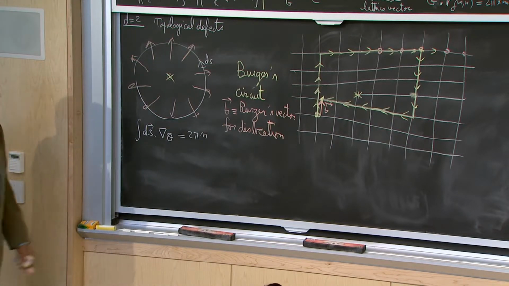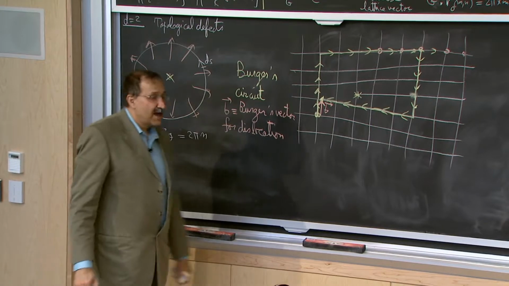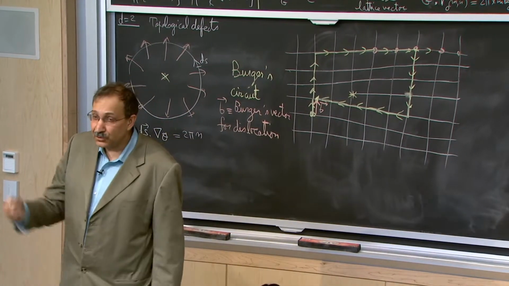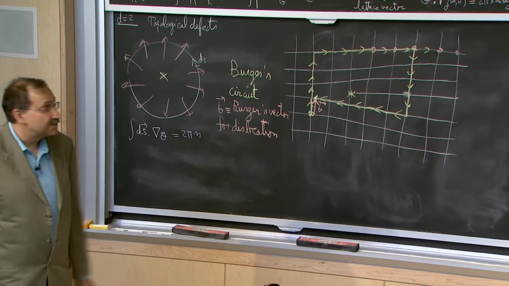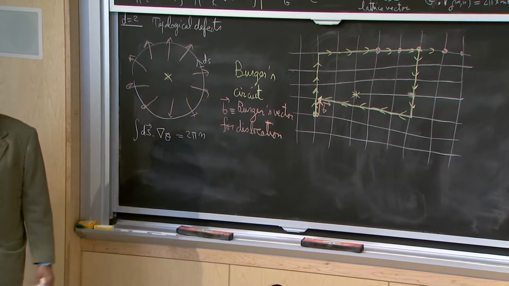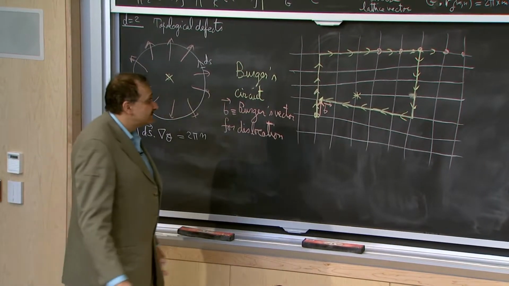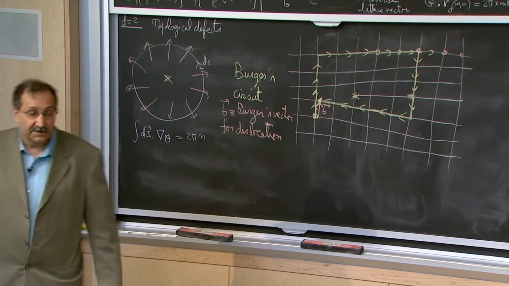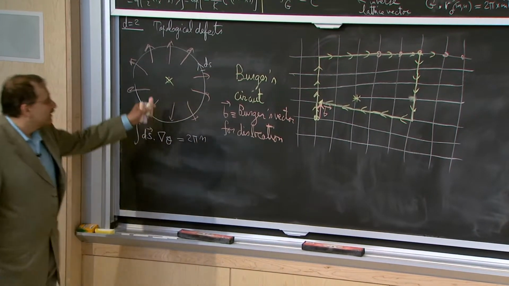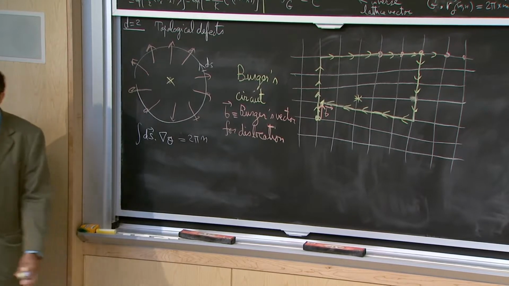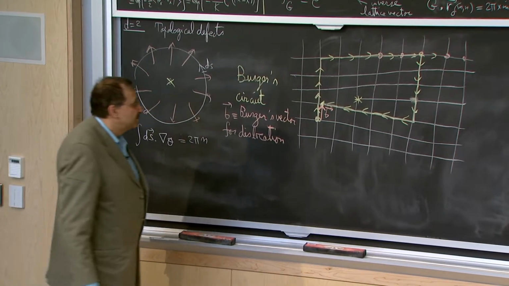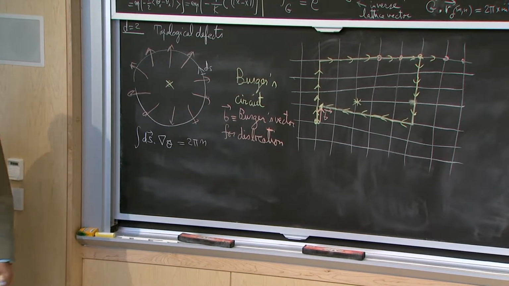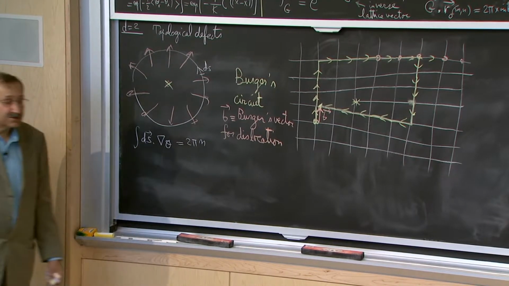So the uncertainty that I have in assigning a value for u because of being on a lattice or deforming a lattice gives rise to this kind of ambiguity that is similar to the topological defects that we had over here, whereas the defects here were characterized by an integer.